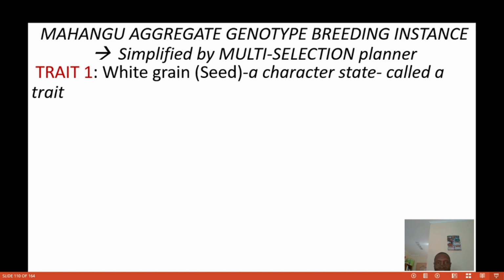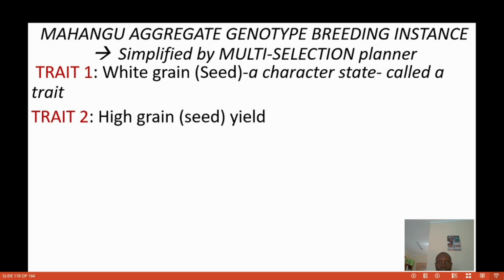We may have a trait concerned with the seed structure, and here you may want high grain seed yield because you've been told the interest is a high yielding Okashana 3, for example.